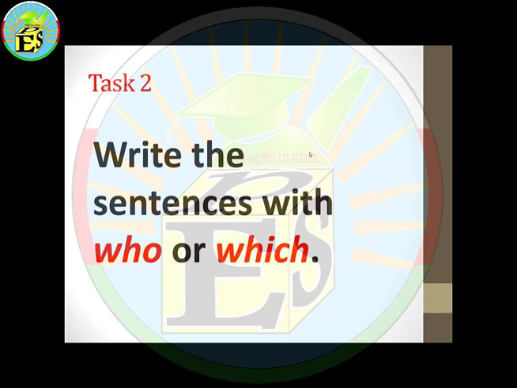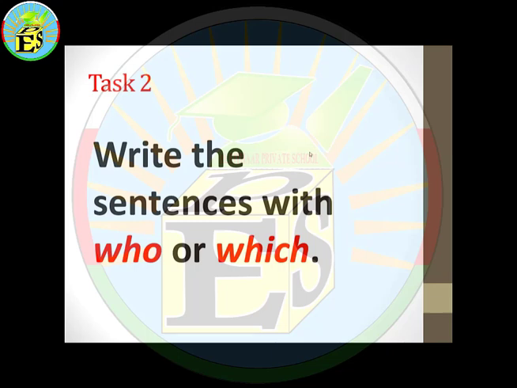We're going to make these 2 sentences one sentence using the correct relative pronoun. Here we're talking about the pen. The pen is a thing. We use the pronoun which when we talk about things. This is the pen which was lost.